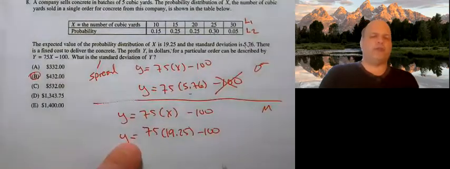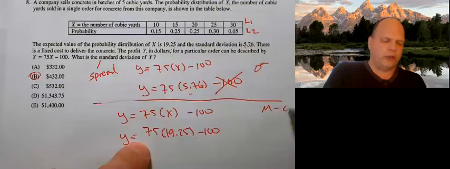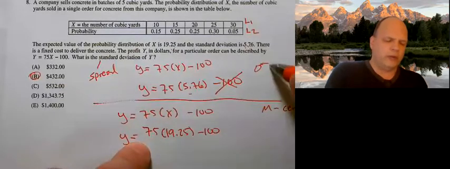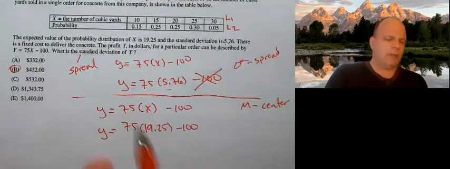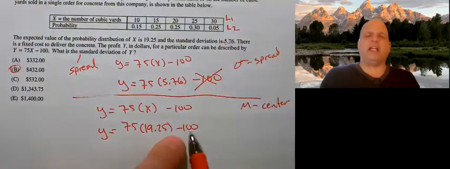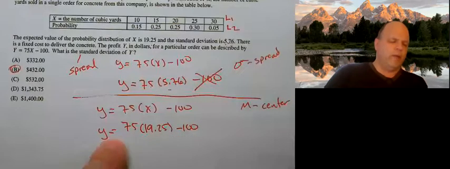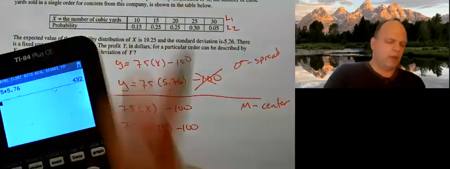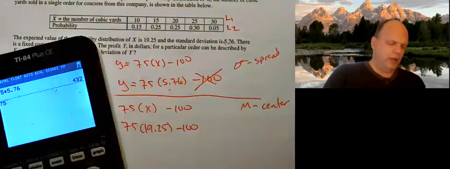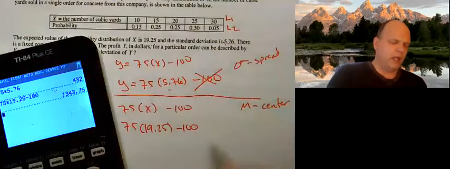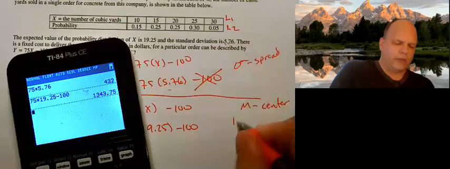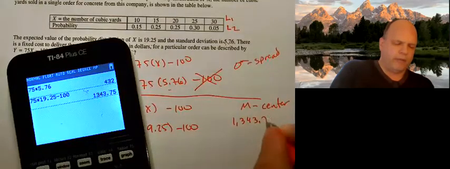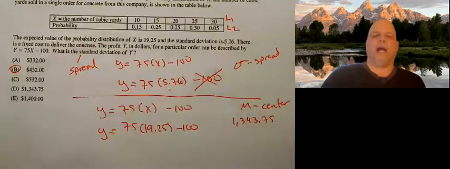Now, this is a measure of center, and this is a measure of spread. With measures of center, I can multiply by a constant, and I can add and subtract constants. So for the mean, I would have just gone 75 times 19.25 minus 100. And this would give me that large value of 1,343.75. And that would be the mean of Y.